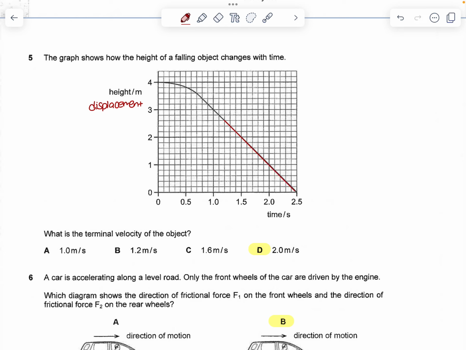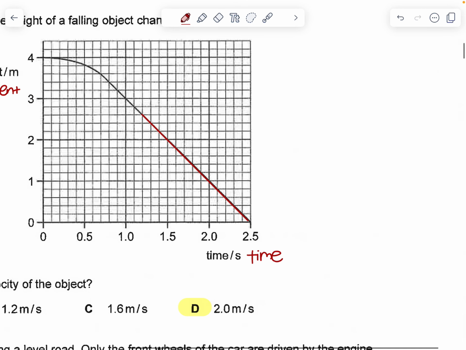The gradient is constant. As you know, the gradient of the displacement-time graph will give you the velocity.